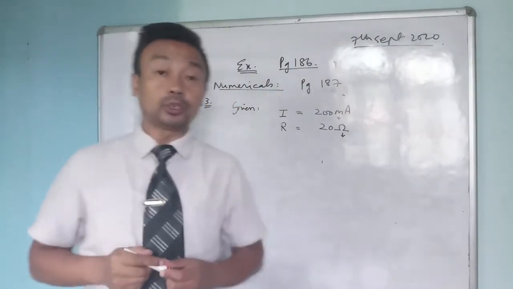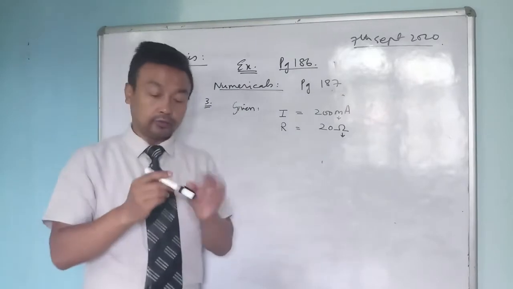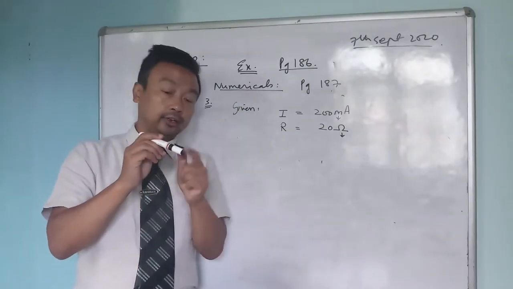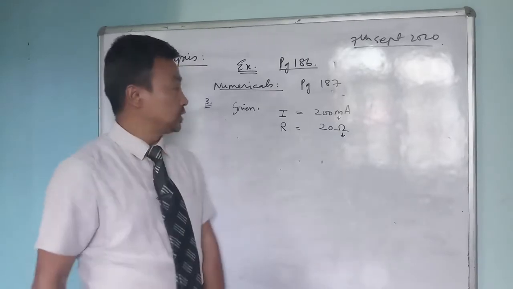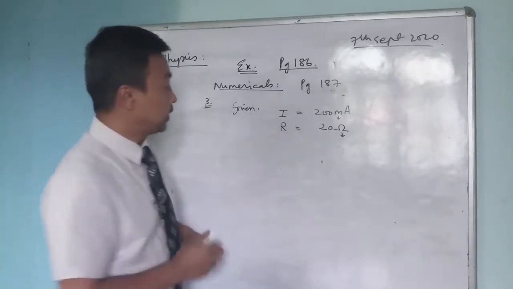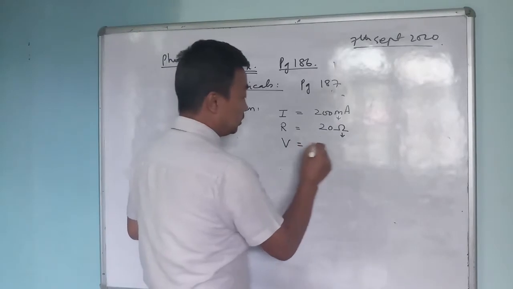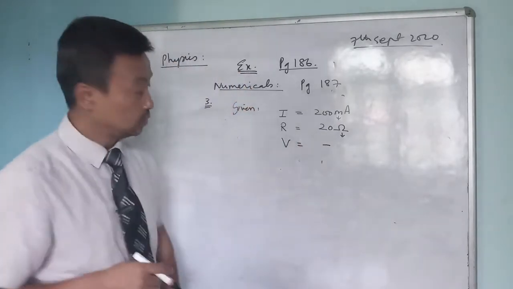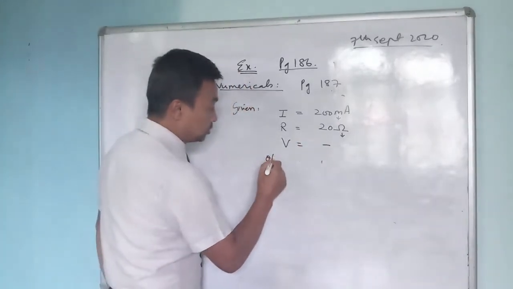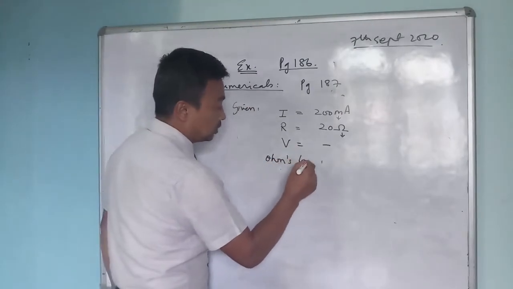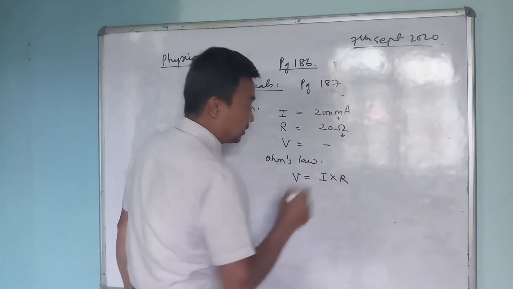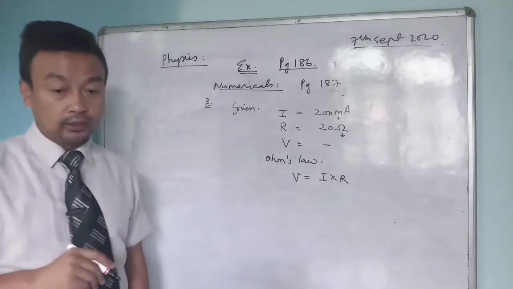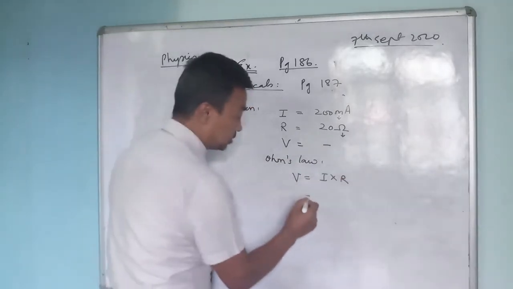You have to find the potential difference, the potential difference acting across the ends of the wire. The current is flowing and the wire is offering a resistance. Now to find that V, you have to use Ohm's law. So we know from Ohm's law, V equals I into R. So now what do you get here?